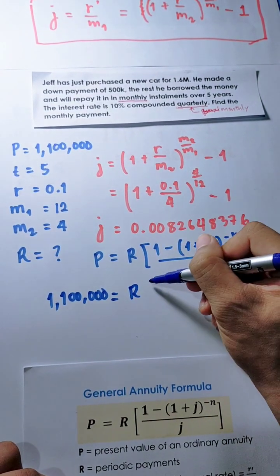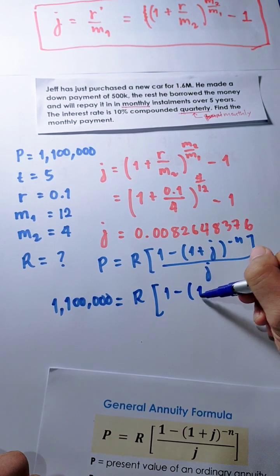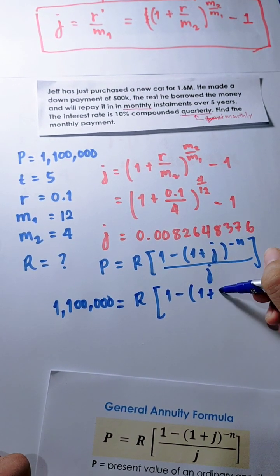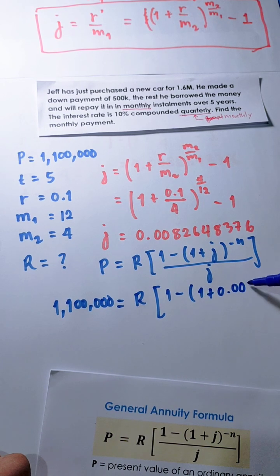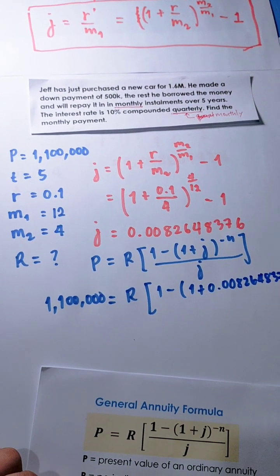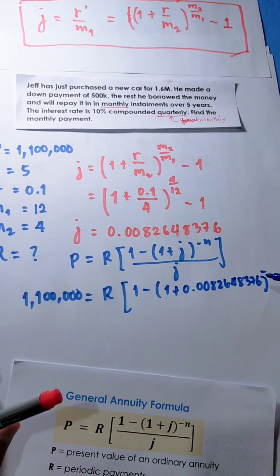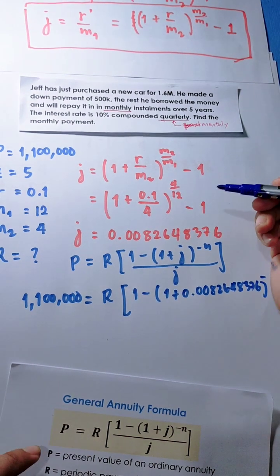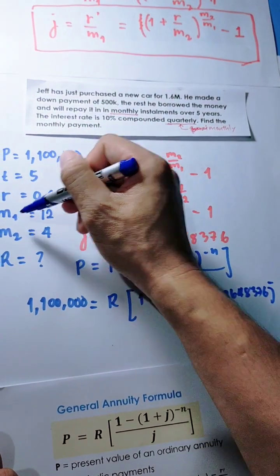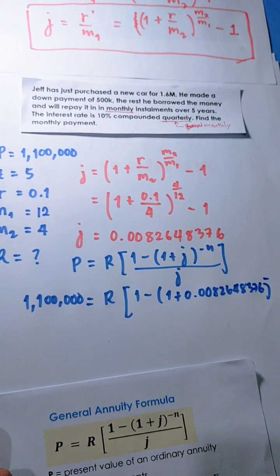Our R is the unknown. And 1 minus 1 plus our J is 0.00826483766. Okay, raised to the, now this is the converted value already. We use the M1. Okay, so remember, use the M1.